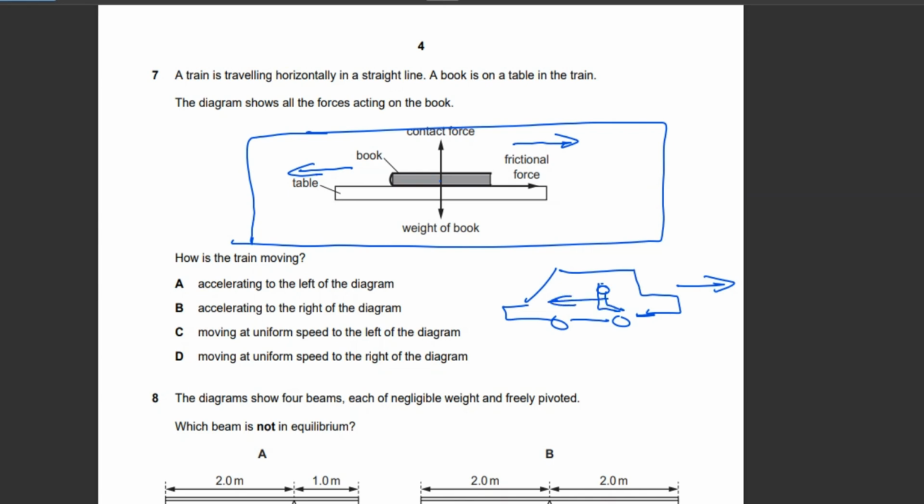You move backward. You feel the force. That tells you that the car is moving faster than you. It's accelerating faster than you. So you move backward. And I know that friction opposes motion. So if friction is moving this way, it means the book is moving backward. That means the train is moving forward. Did you get that? So the correct answer here is it's actually moving to the right, then it's accelerating. It's accelerating and moving to what? The right. So the correct answer is B.